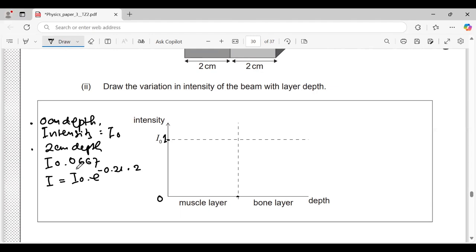So 0.667 is around here, the coordinate point.